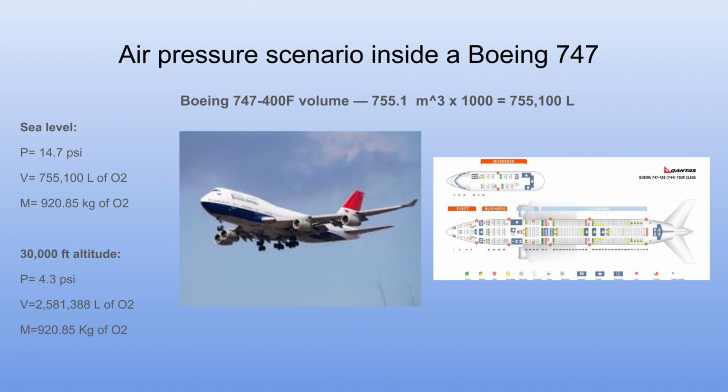At 30,000 feet in the air, there's an air pressure of 4.3 psi, and a volume of around 2,581,388 liters of air, with around the same mass as down below at sea level.